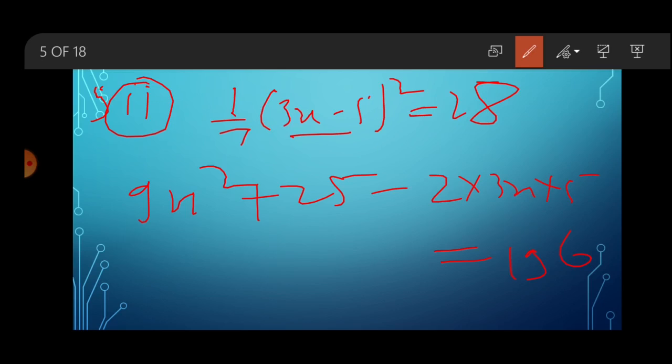So now your equation can be changed into 9x square minus 30x plus 25, and 196 might be brought to the other side. So this is what your equation is.